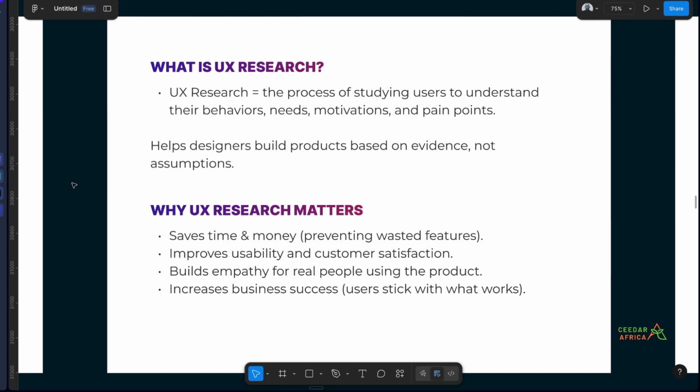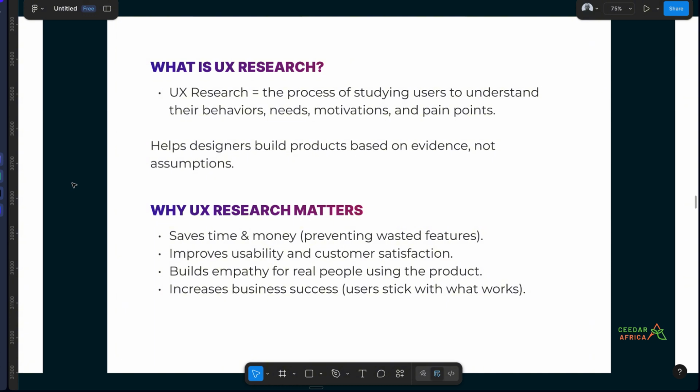I think I've spoken about them, but design handoff is probably what I've not touched at all, and I'll be showing us how we will prepare our designs and our files, so everything will be ready to hand over to, let's say, a developer. So a developer can pick up from our designs and then develop the project. So let's start with UX research.